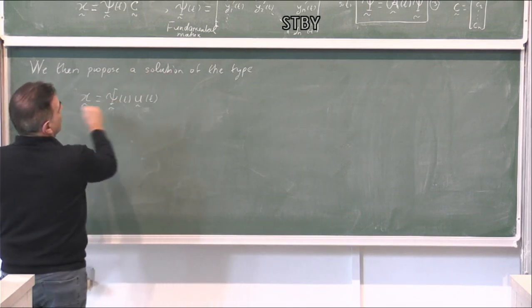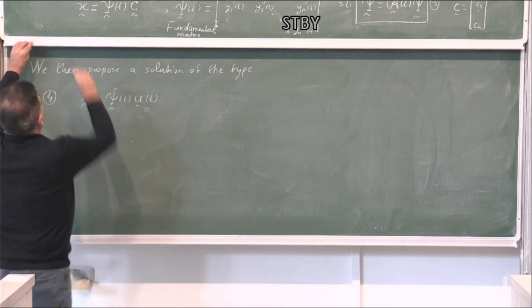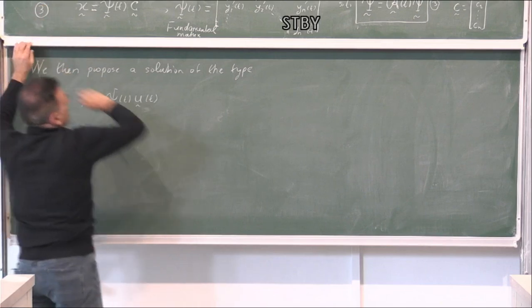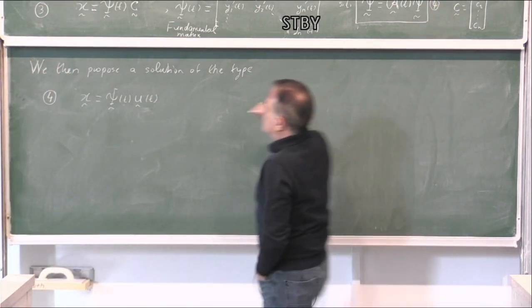Say 4. Well, let us denote this by 3 and this by 4. Hence, this becomes 5.